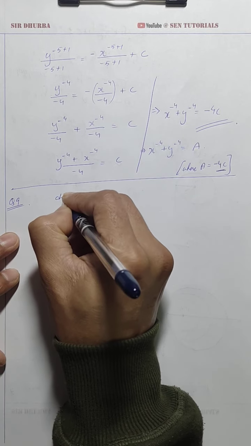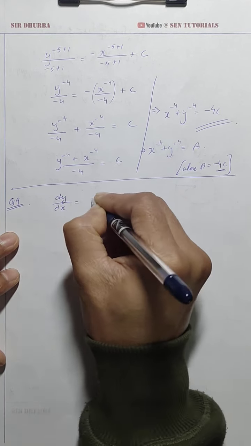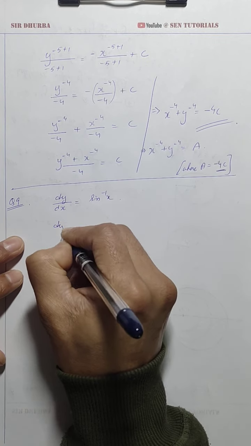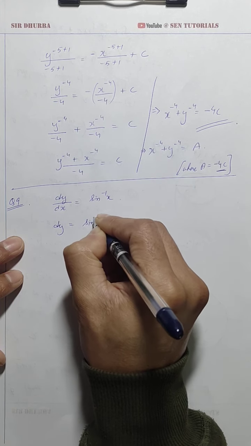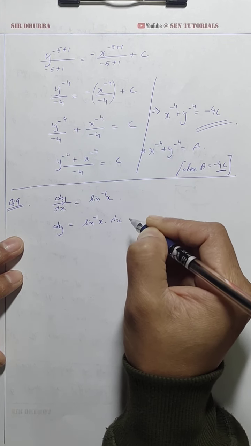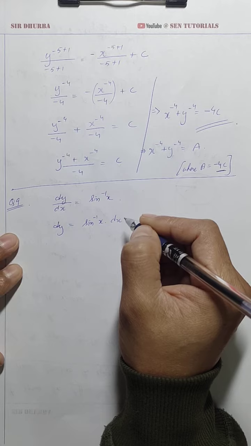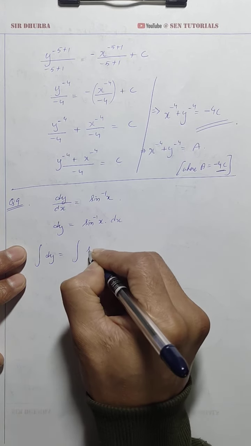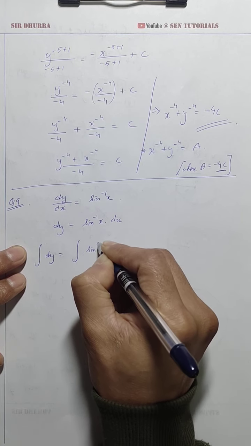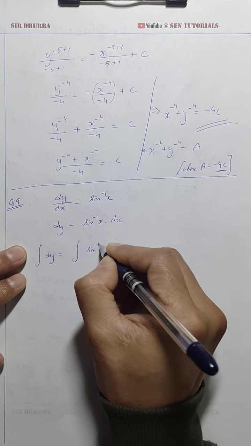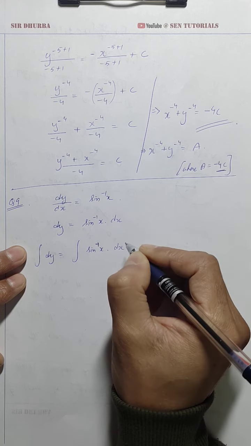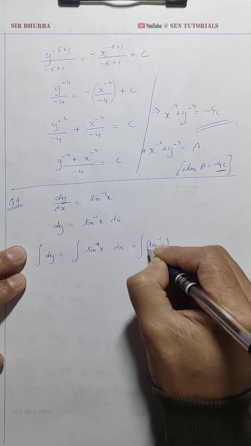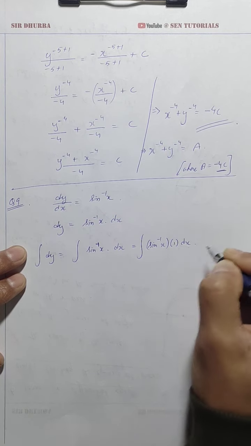Question number 9, that is dy by dx equal to sine inverse of x. So dy equal to sine inverse of x into dx. Integrating both sides, integral of sine inverse of x into dx. Remember integration by parts? If not, kindly check the videos I have given you.